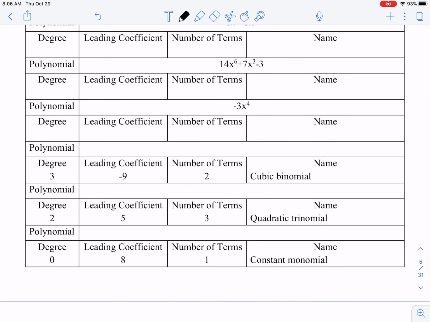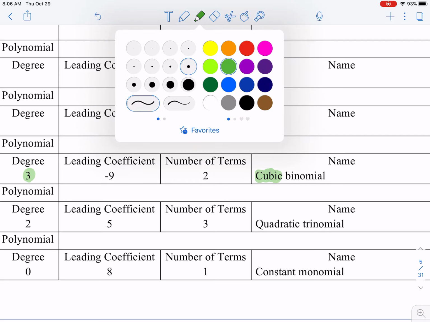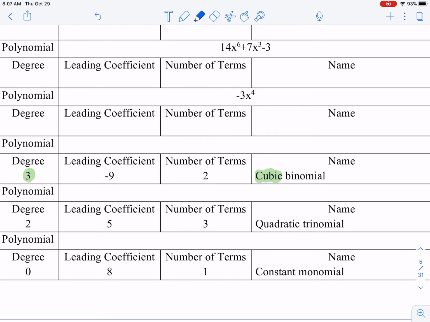And this next one, what we're going to do is I give you the name. So cubic means it's got a degree of 3, so it's something to the 3rd power. Binomial means there's 2 terms. So I need to write something to the 3rd power that only has 2 terms with a leading coefficient of -9.